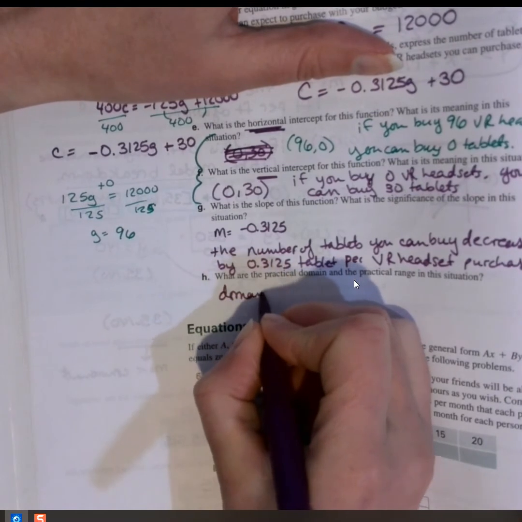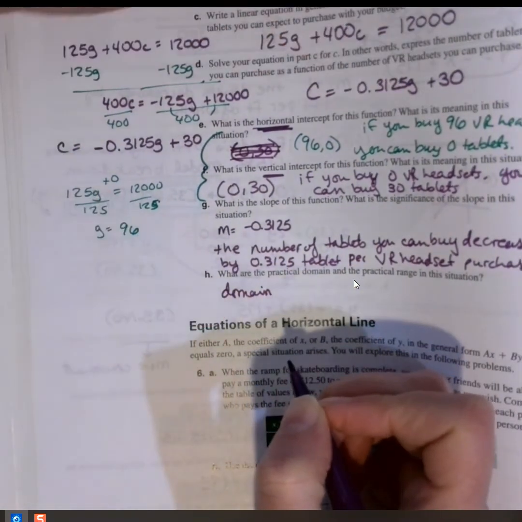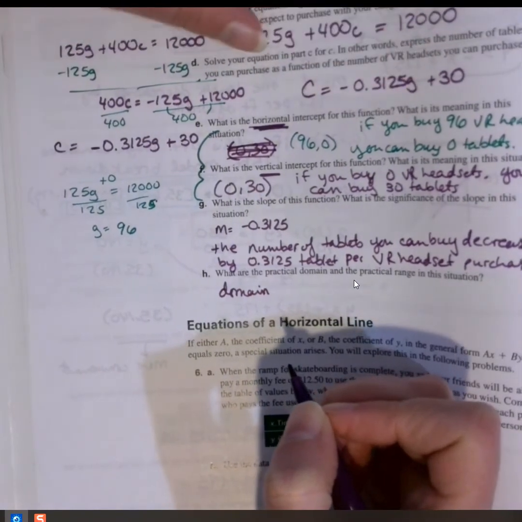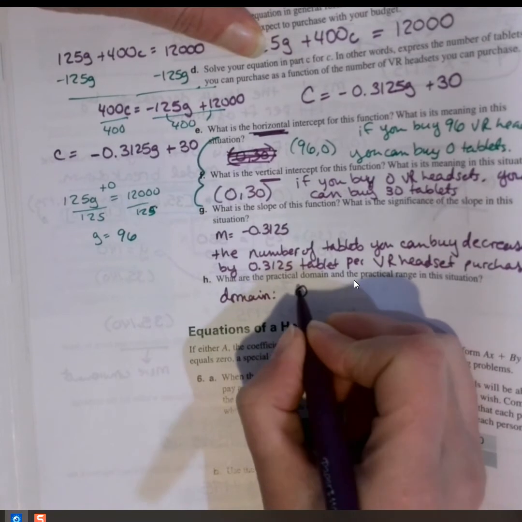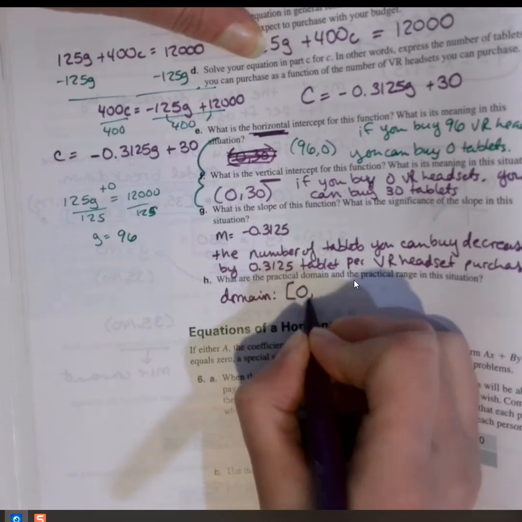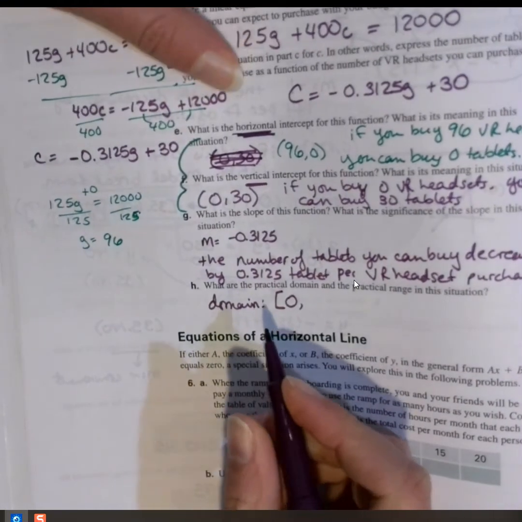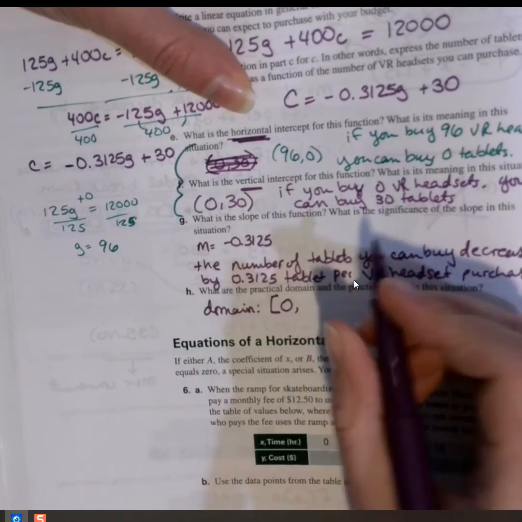Hopefully it's clear that the fewest number of domain is G is VR headsets. The fewest number of headsets you could buy is 0. It didn't say you had to buy any, so you could actually buy 0, so we're going to bracket it. And then the most that you'd be able to buy was if you bought 96 of them and you didn't buy any tablets, so 0 to 96.